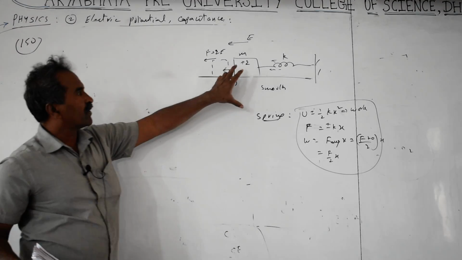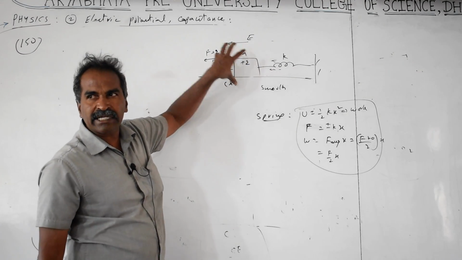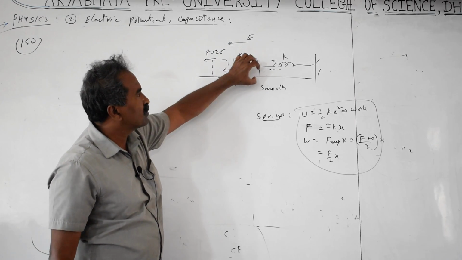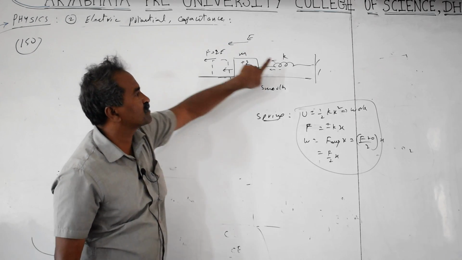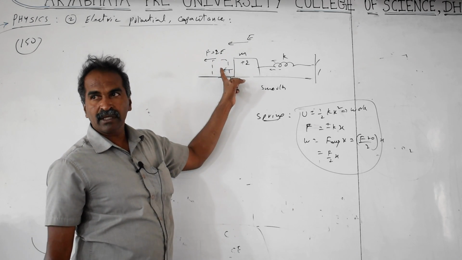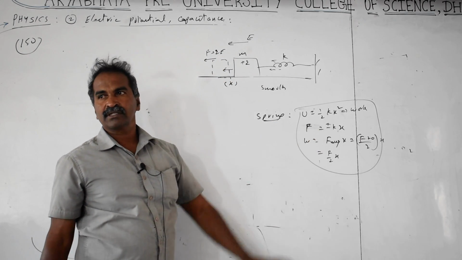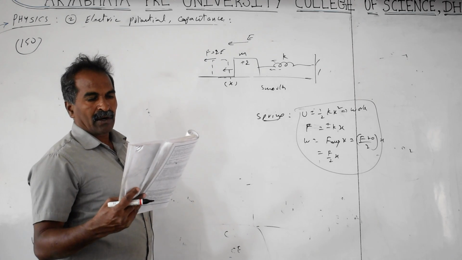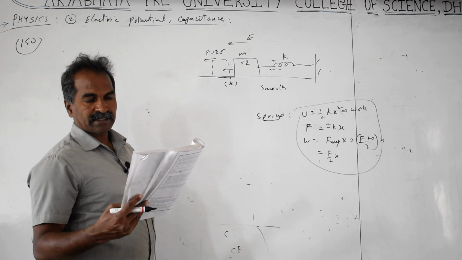So whenever the force is applied on this, neglecting the friction, only one force acting is electric force F equal to QE, that pulls this block in this direction, so the spring expands. Okay, so F equal to MA, F equal to QE, and F is also equal to kx. You are asked to find out what is the displacement x.